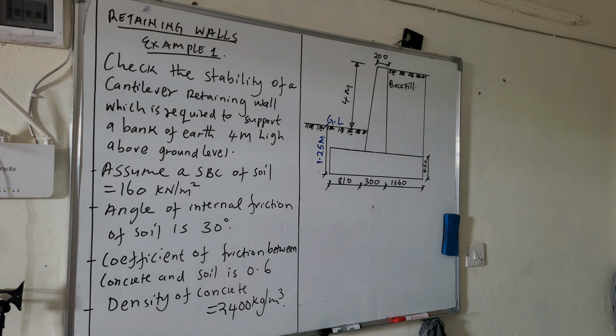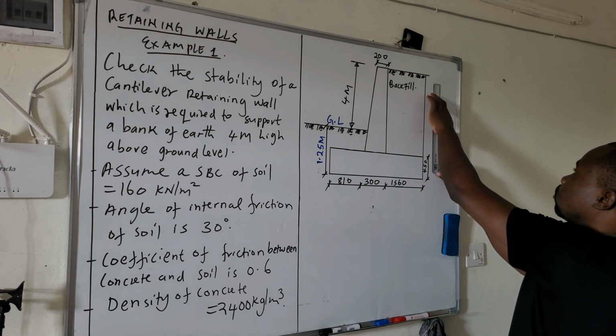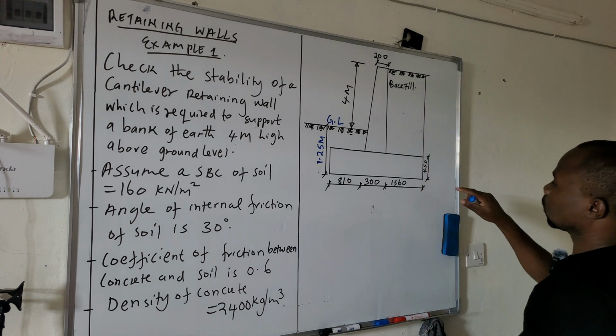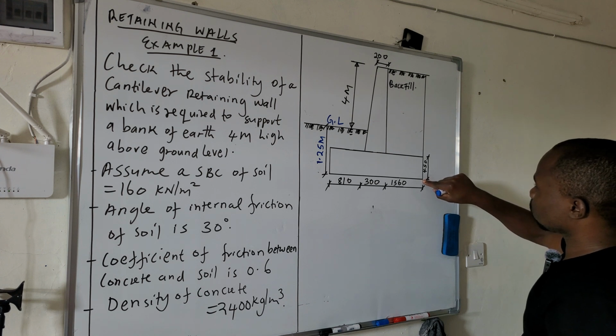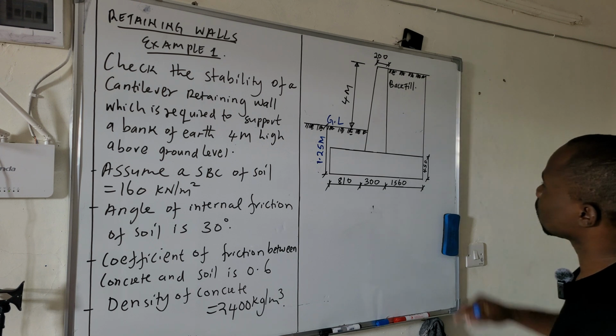So this force is the active pressure, and if we draw the diagram of this active pressure, it will look like this. Remember, the active pressure is acting from the bottom to the top of this retaining wall.